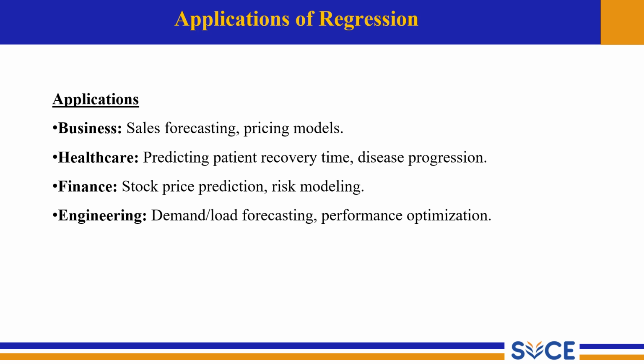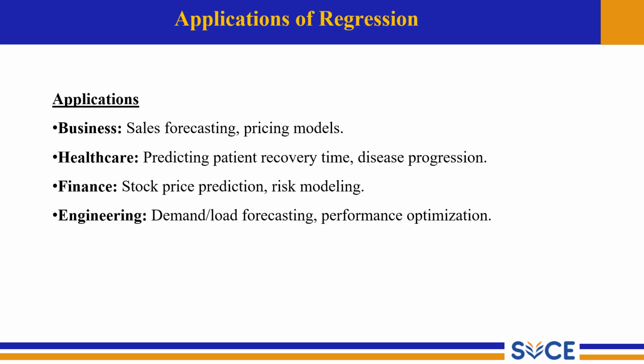Application of regression. Regression is one of the most widely used predictive tools across industries because it helps convert historical data into actionable insights. In business, regression is used for things like sales forecasting, helping companies estimate future demand and plan inventory. It is also used for pricing models where businesses analyze how factors like competition, seasonality, or product features influence price.